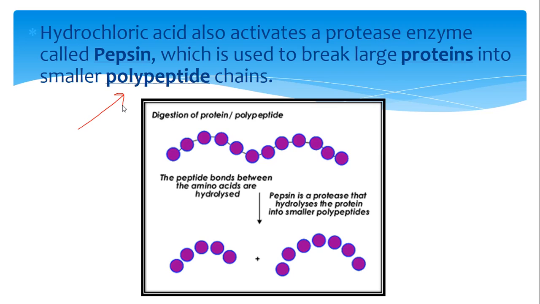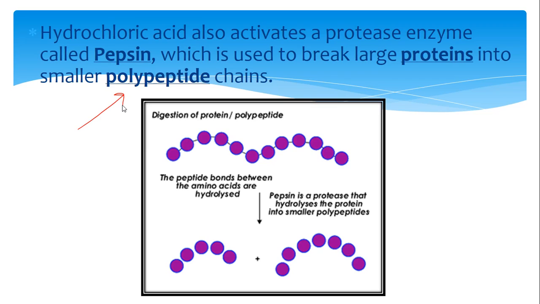It starts the digestion process of proteins, but it doesn't complete it. All pepsin does is untwist the proteins and maybe make a couple of chops, but it doesn't do the fine work of breaking them down into amino acids. That's still yet to come.